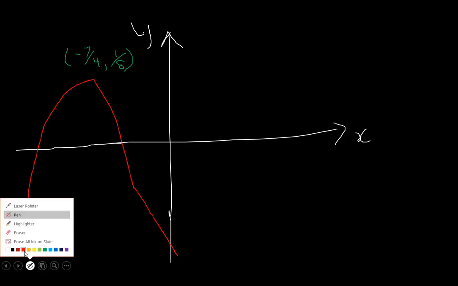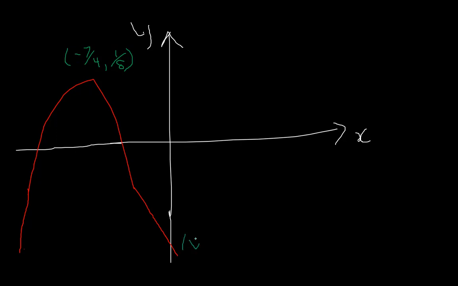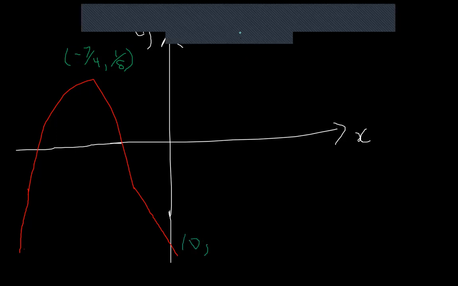What you need to make sure to do is show that this right here is your y-intercept and this is your maximum point, because they told you in the question to clearly identify the maximum point and the y-intercept. You just make sure you have those.